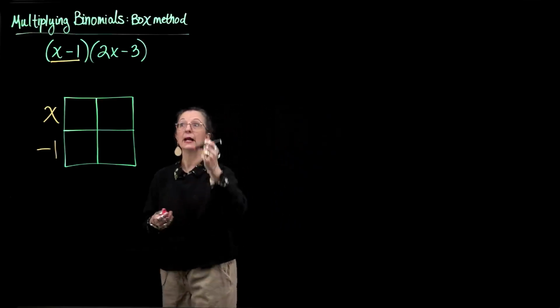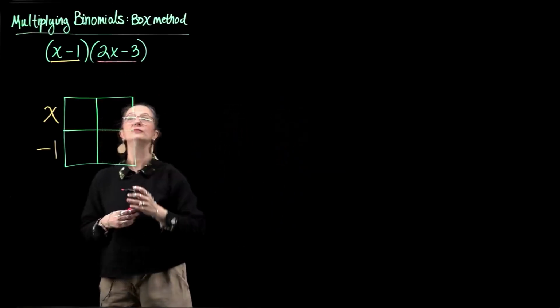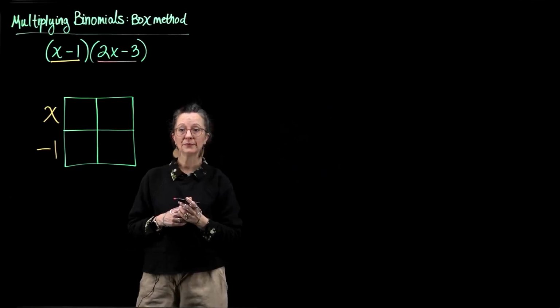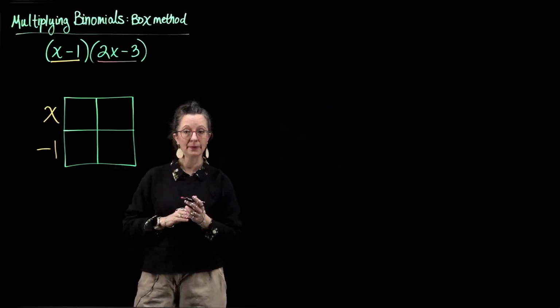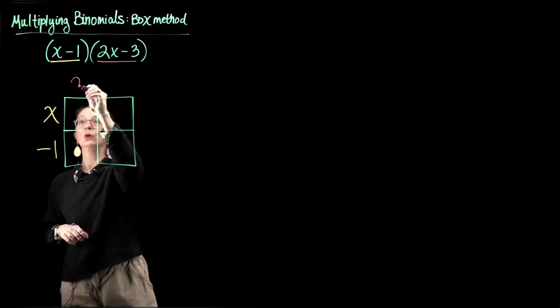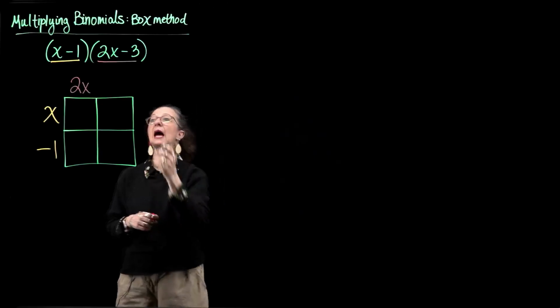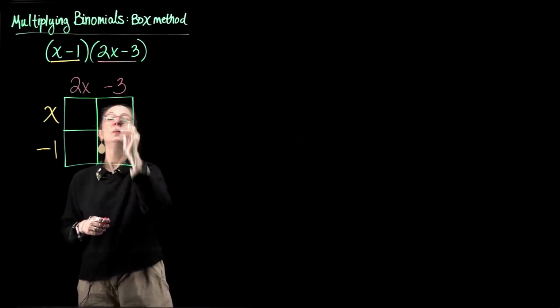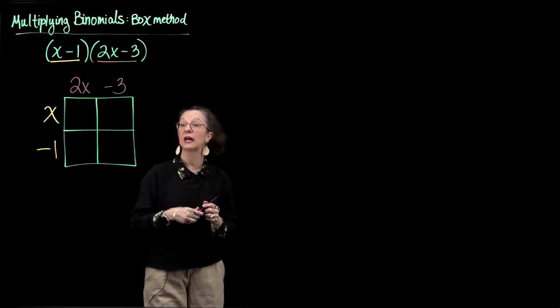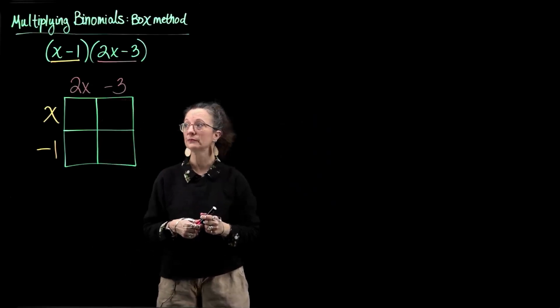Then I'm going to look at my other binomial, 2x minus 3, and it's going to go on the top. So the 2x will go over that left column, and the minus 3 will be written over that right column.